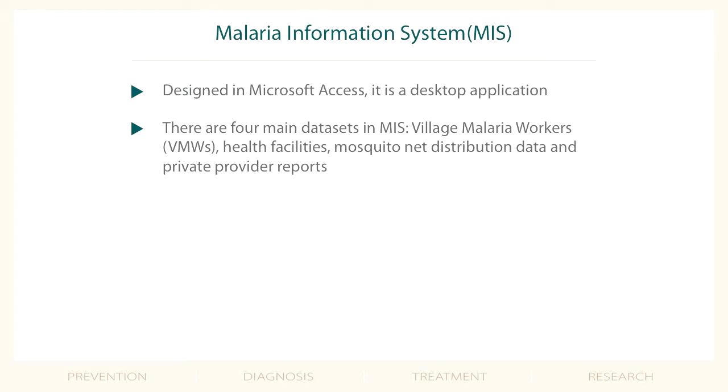The first is the village malaria worker report, which contains the malaria cases detected by VMWs. The second is malaria cases detected by health facilities. The third is the number of nets distributed every year, and the last is private providers, where we collect malaria cases treated by private providers.